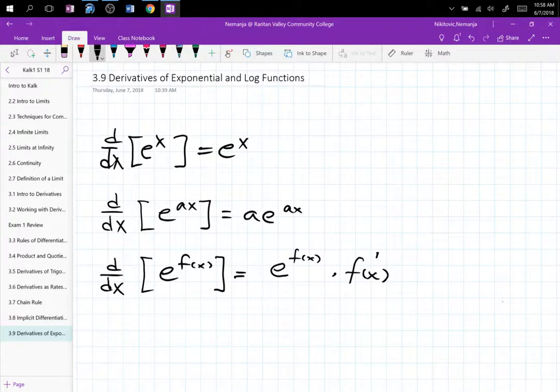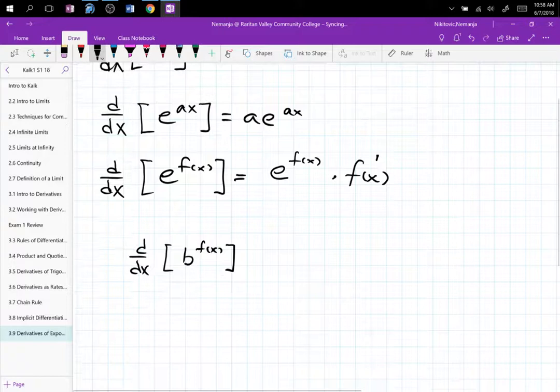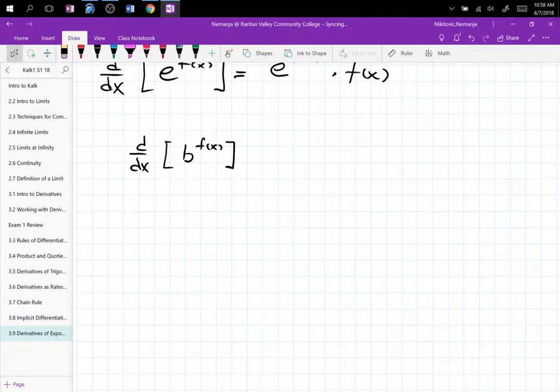So what would be the most general case that we can write? What would be the formula that takes care of all exponential functions ever? That would be the derivative of b to the f of x. So now you are allowed to have any number in the base, including fractions, positive, negative numbers, whatever.